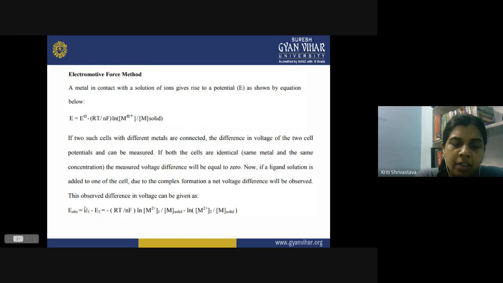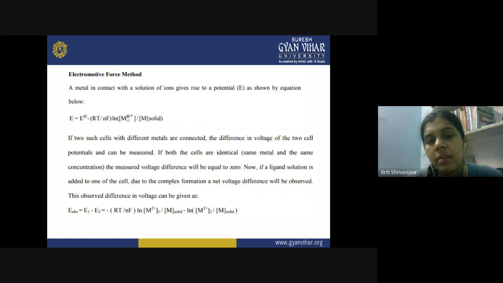But when you have added the ligand to one of the cells, the complex formation has started, and now the free metal ion concentration will change, because some of the metal ions are involved in the complex formation. A change in the concentration of metal ions will change the potential on that cell.